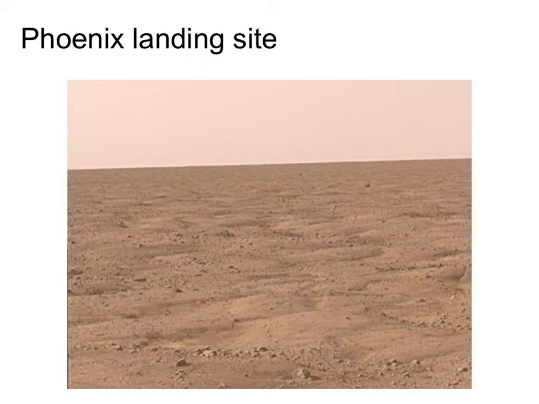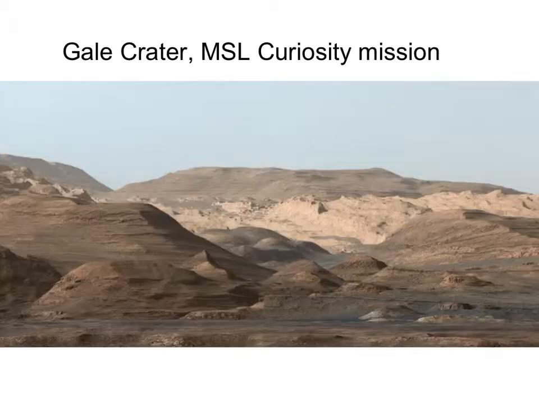What's our latest rover on Mars? Curiosity. And where's Curiosity landed? Curiosity's landed in Gale Crater, which has this huge mountain in the middle of it, which is the target of Curiosity's explorations.